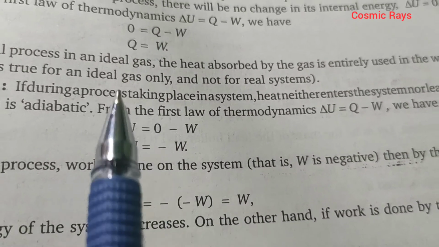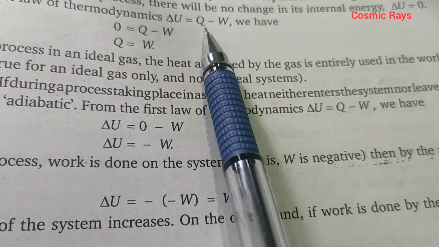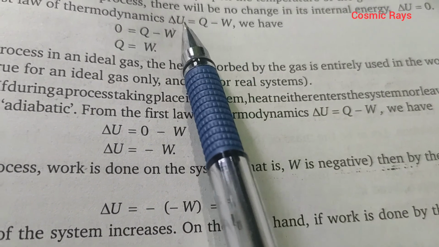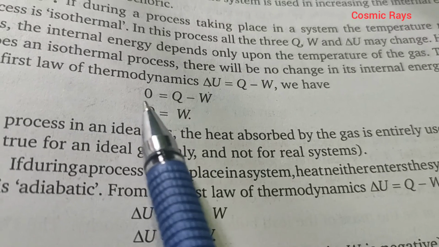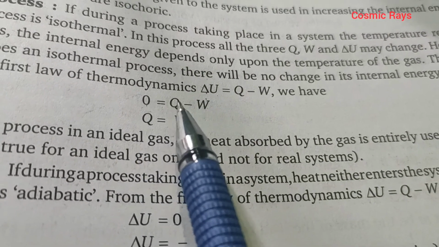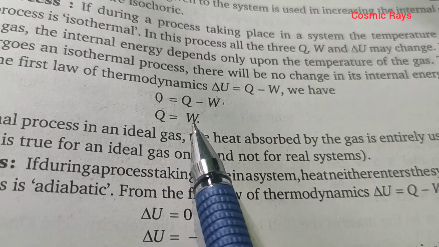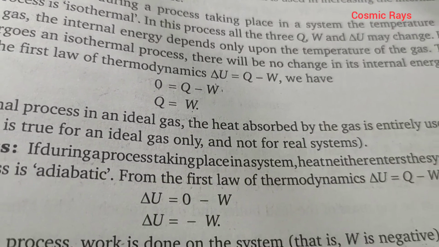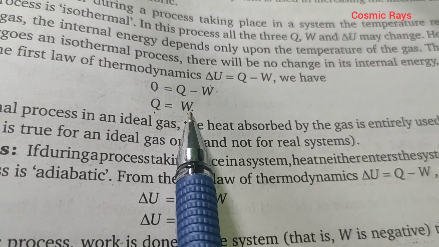So the first law, delta U equal to Q minus W, gives 0 equal to Q minus W, or Q is equal to W. That means for an isothermal process, the entire heat will be converted to the work done.